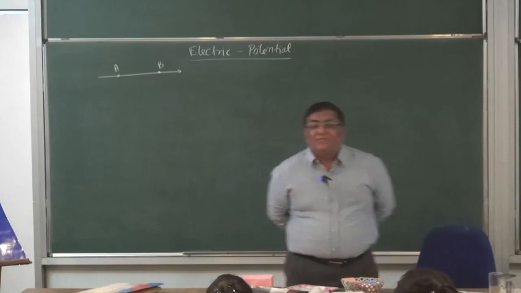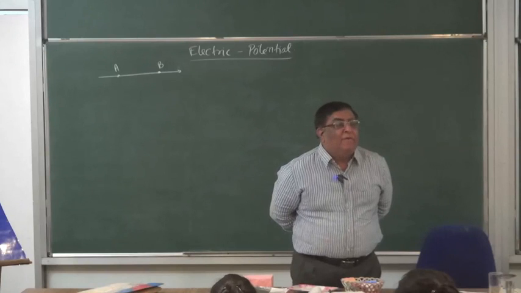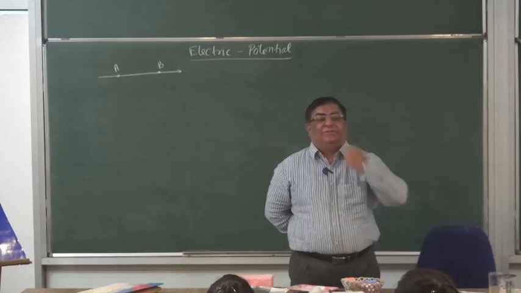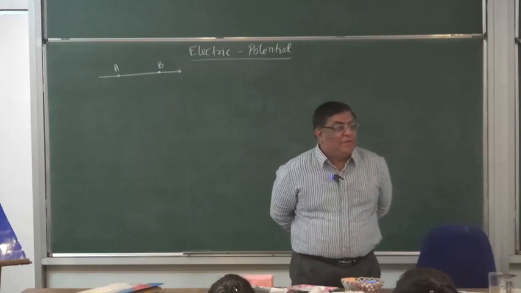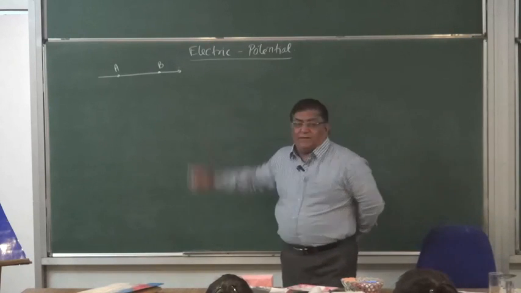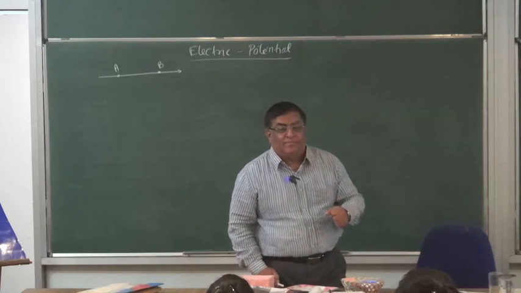So what is potential? Listen carefully, potential is the possibility of achieving energy. If I place 1 unit charge at A, what is the possibility of achieving energy? 100 joules.